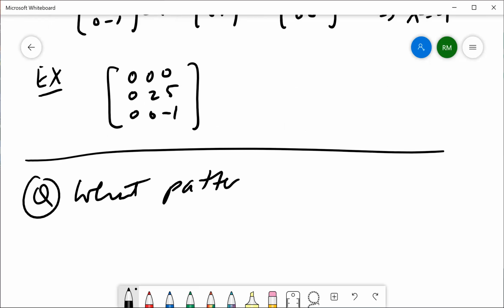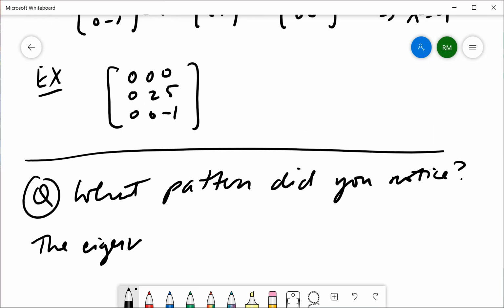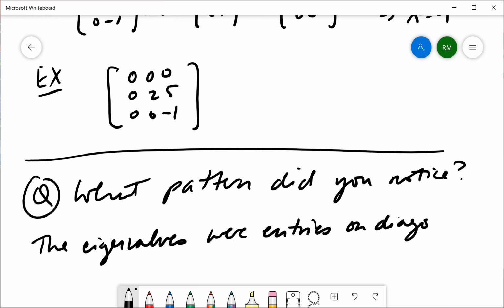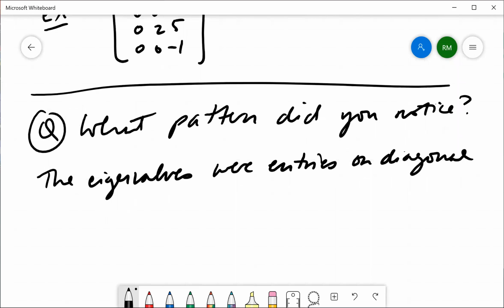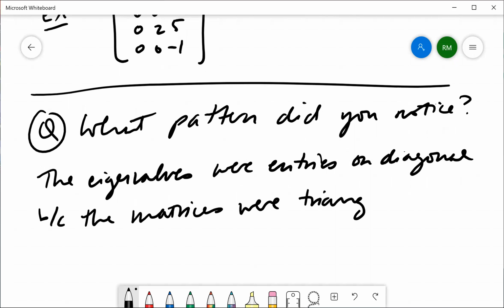What pattern did you notice? Well, you probably noticed that the eigenvalues were the entries in the diagonal. But that was because the matrices were triangular.